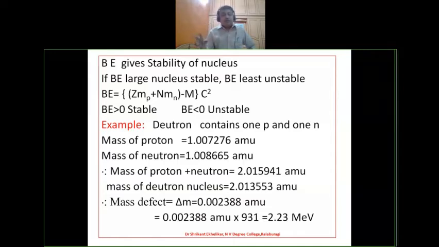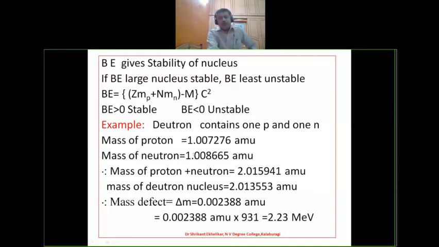And if there is 1 proton and 2 neutrons, that is tritium, the isotopes of hydrogen. So, hydrogen is 1 proton, 1H1, and deuterium or deuteron is 1 proton and 1 neutron, that is 1H2.